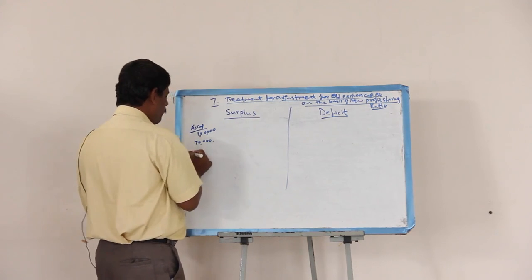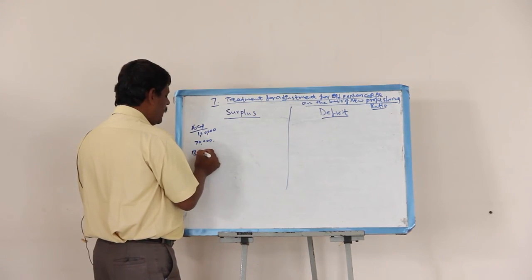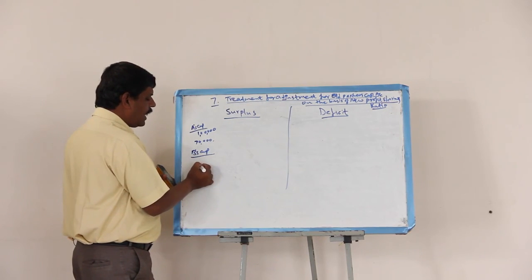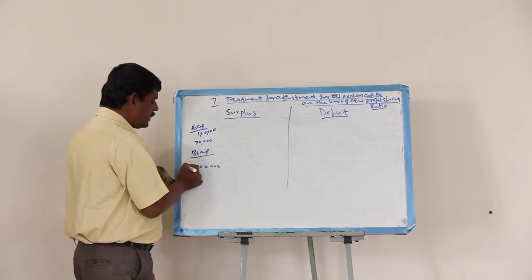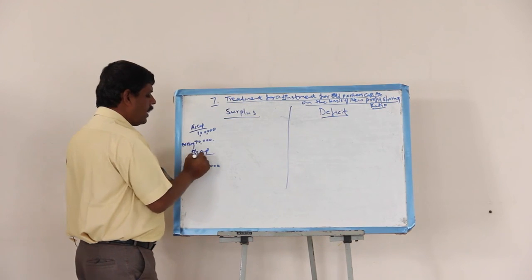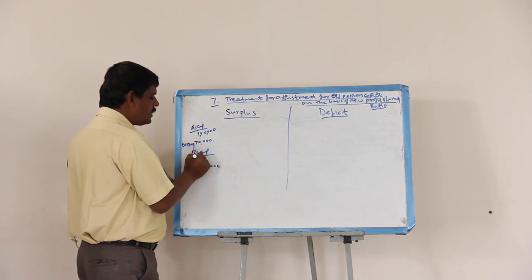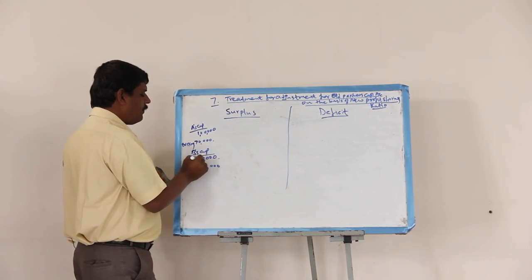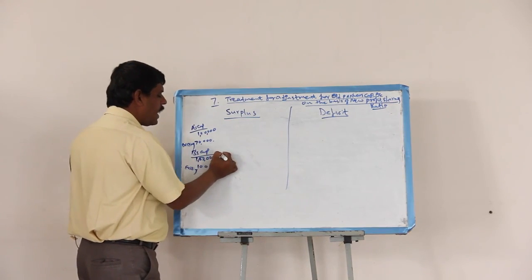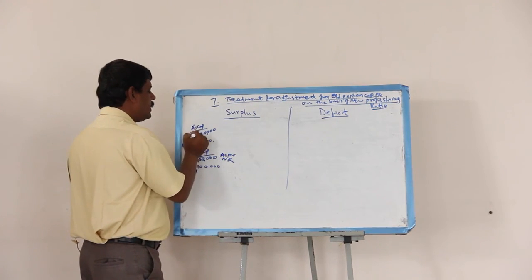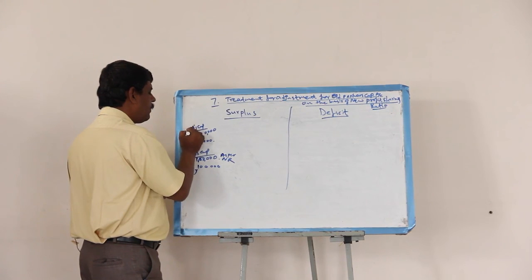For B, existing is 1 lakh, and B's capital is, let's say, 1.5 lakh he is supposed to have as per the new ratio.